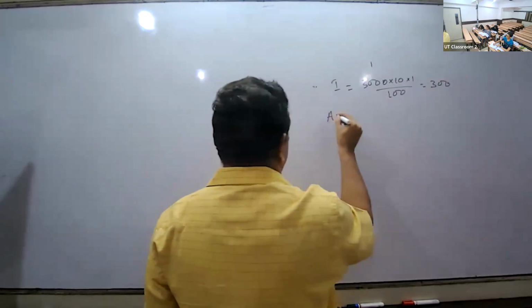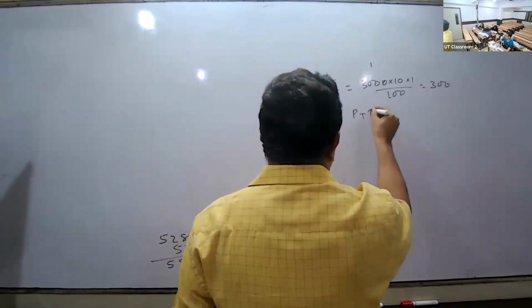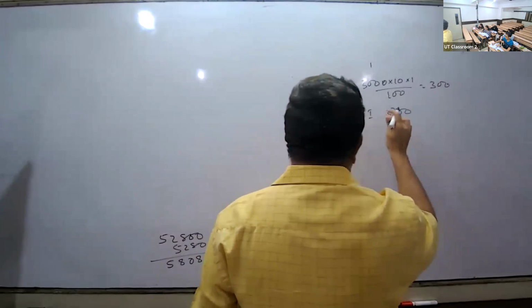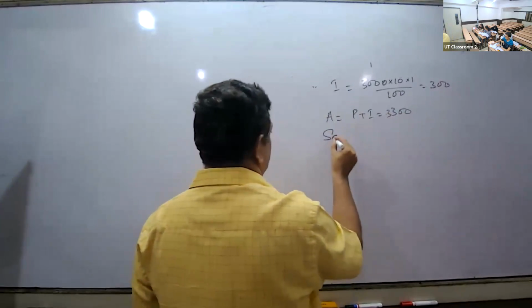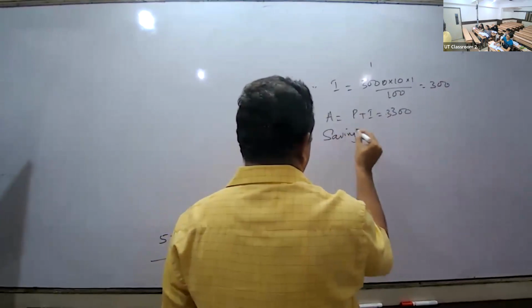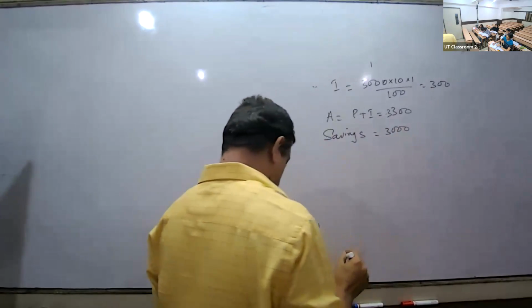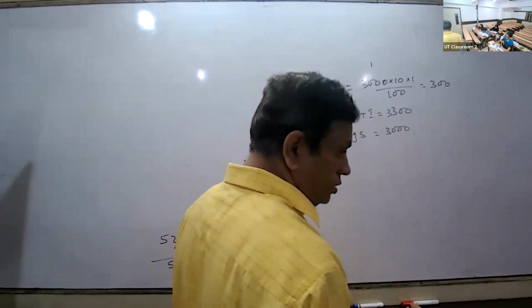Therefore, amount is equal to P plus I, 3,000 plus 300, 3,300. Again he saves 3,000 in the second year. That is the end of second year.